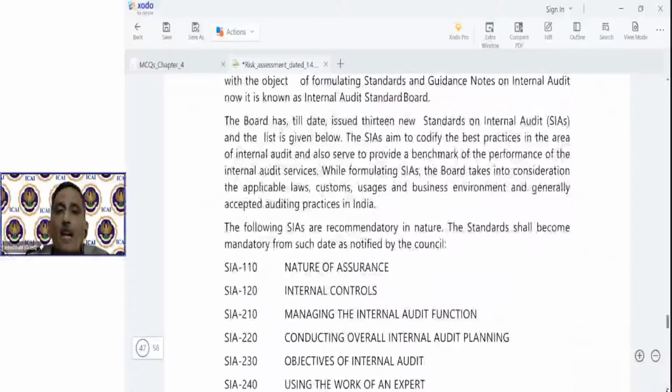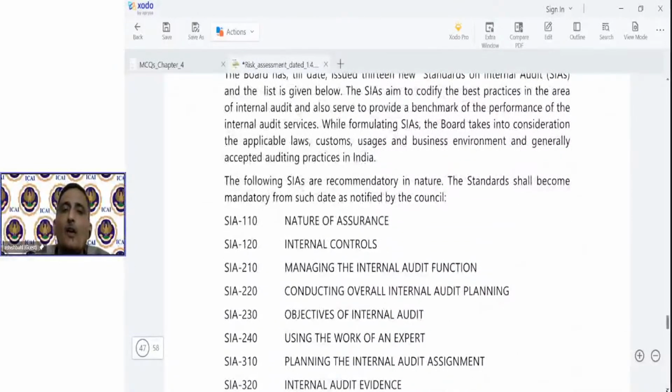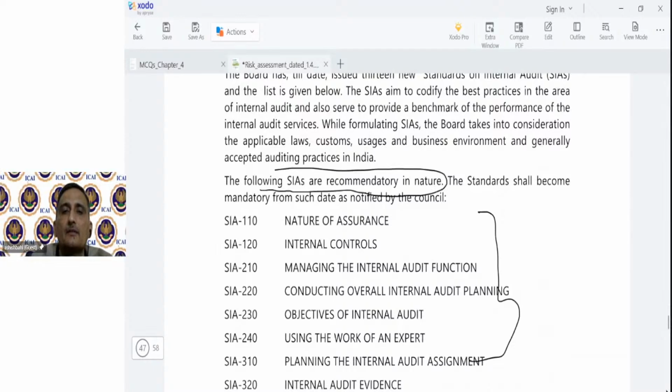Some names of standards on internal audit are given. As I had told you, these standards are recommendatory in nature.